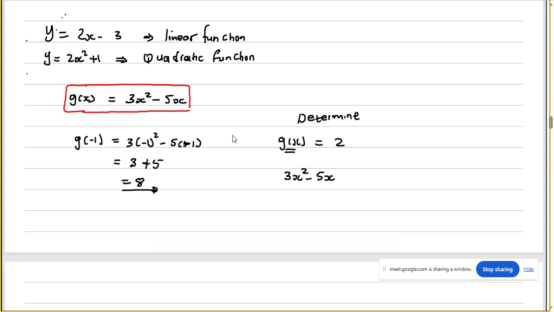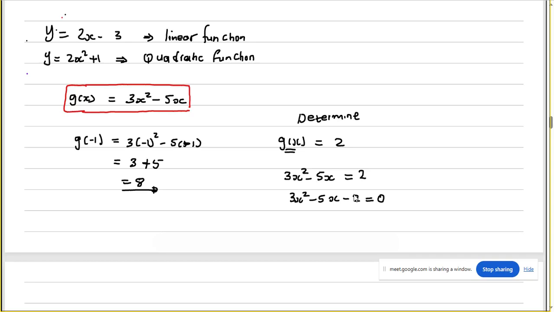And then you take this, you equate it to 2, and then you solve for x. So they just want you to determine the values of x. So solving for x, this will be 3x squared minus 5x. The 2 comes to the other side to be negative. We equate this to 0.